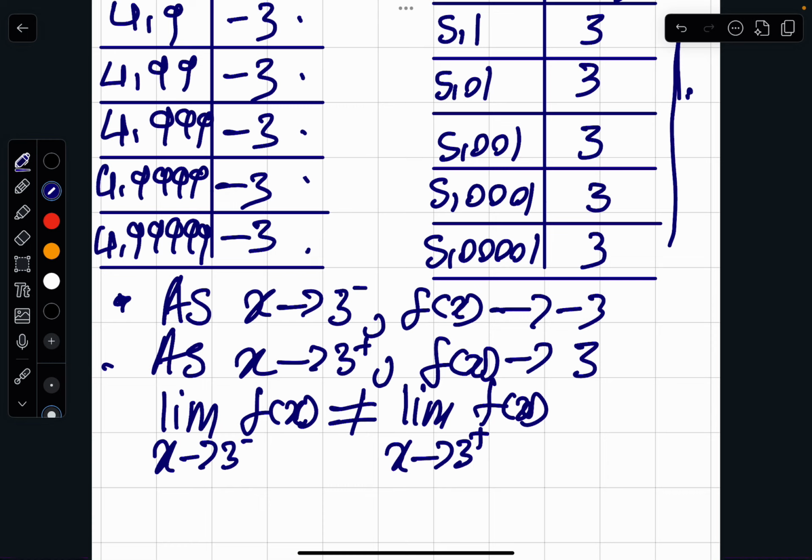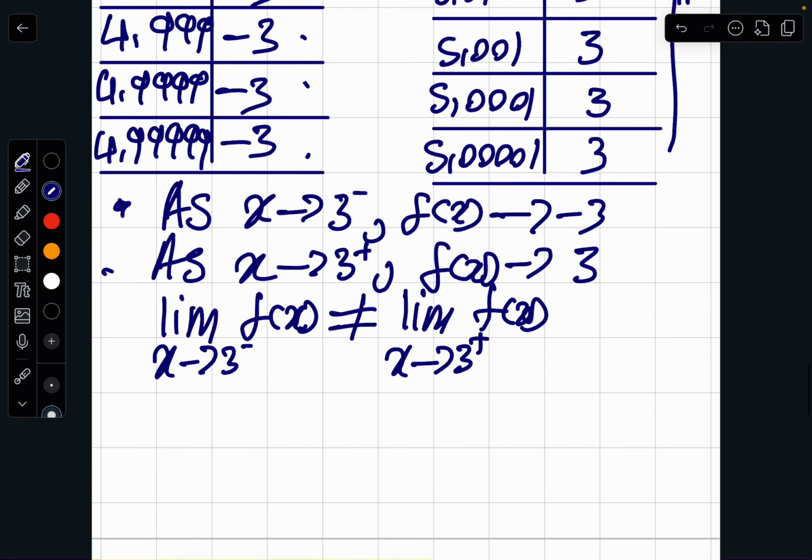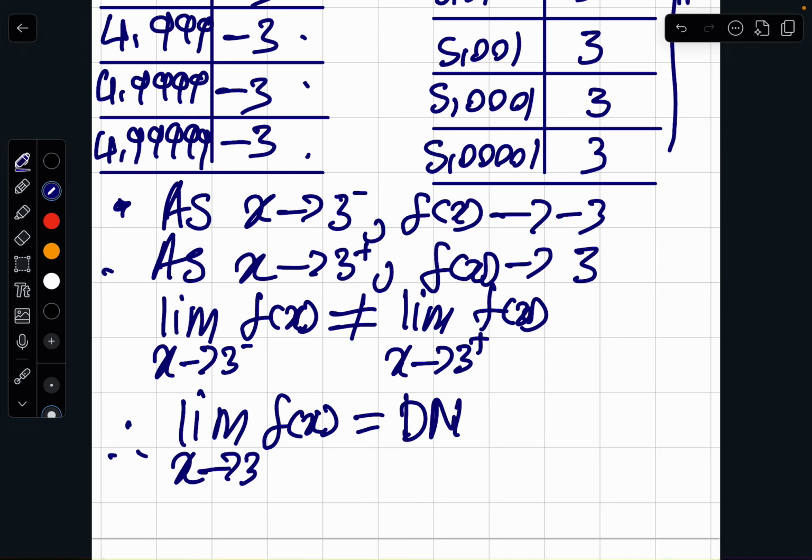Remember the properties of where you can say the limit does not exist? We had something like this. Therefore, we can say the limit as x approaches 3 of f of x does not exist, since they are not equal.